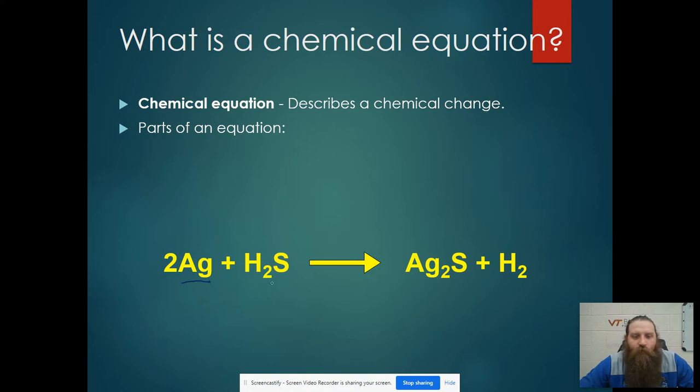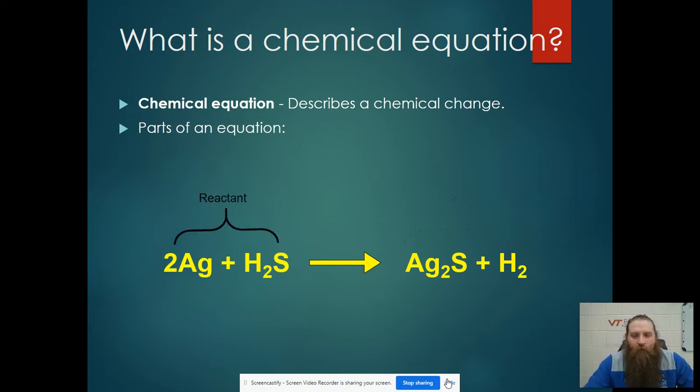This is hydrosulfuric acid right here. And we're making a new salt. I know it's a salt because it's a metal and a non-metal. So there's my new salt. And I've got hydrogen, which I know, hey, anytime hydrogen's by itself at room temperature, it's going to be a gas. So this is describing definitely a change.